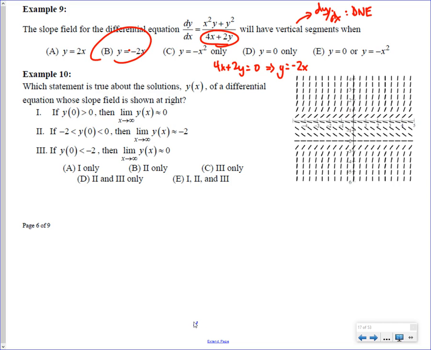You guys, think through example 10. Ready, set, go. You can talk in your groups. That's totally fine. I don't mind you guys talking it out. Sometimes that helps. But I am not helping yet.